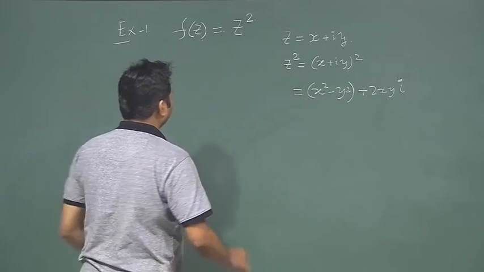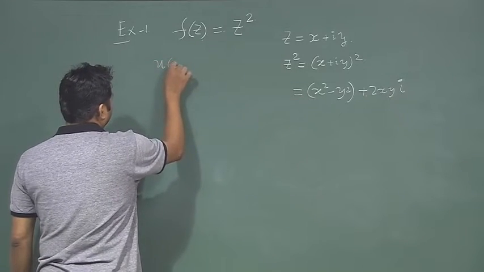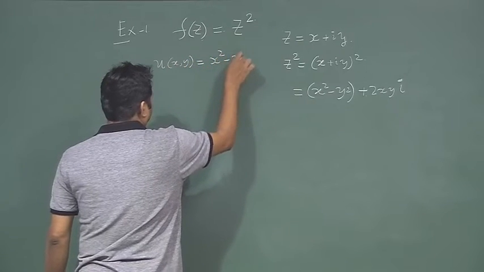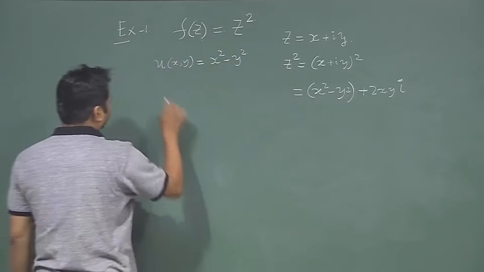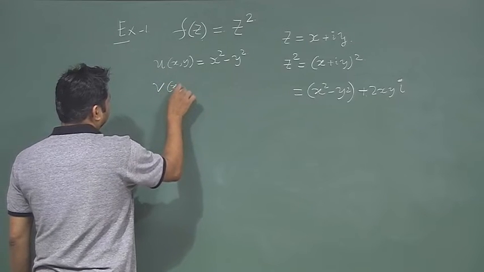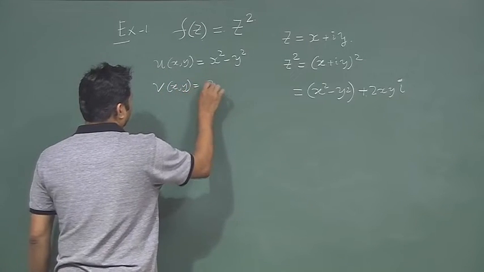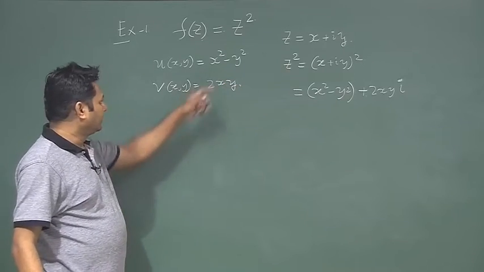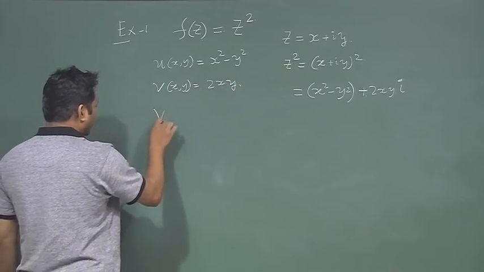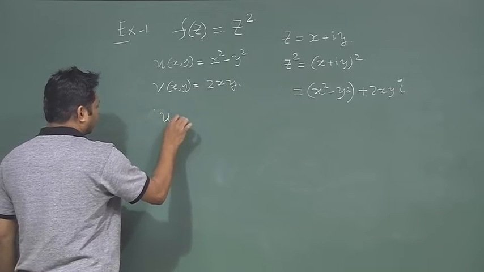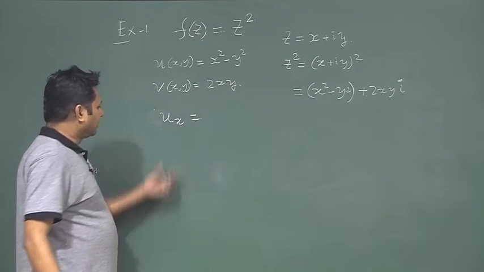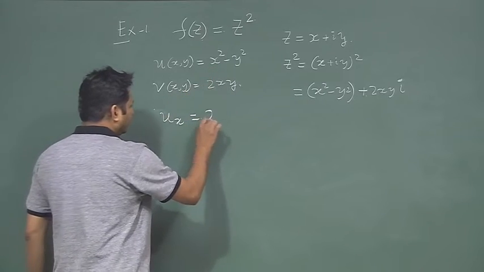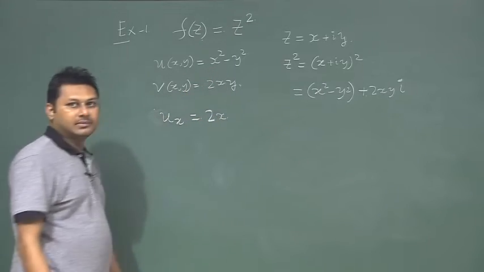So, from here we know that for this function my u x y is x square minus y square, my v x y is 2 x y. Now, I will try to find out what is my u x, this quantity is 2 x.